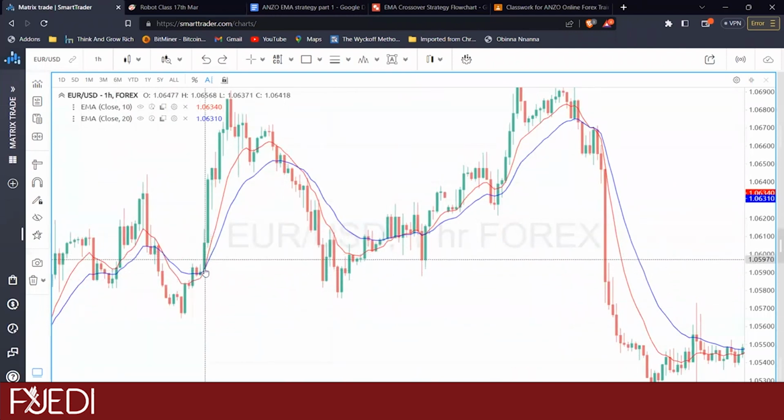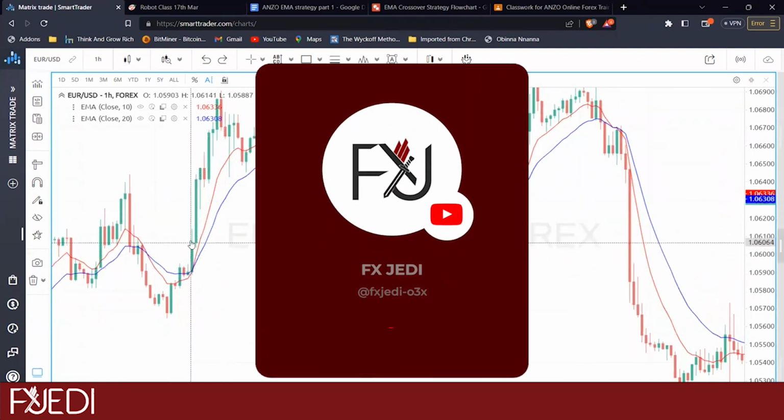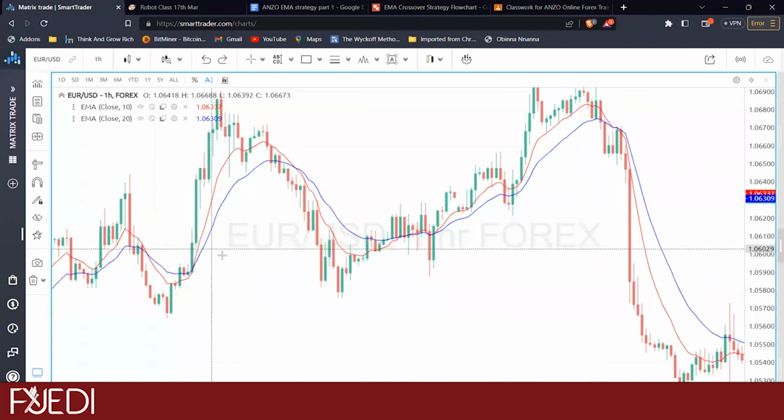That means we're not going to use the moving average alone to decide when we enter. Just because the moving average has crossed over doesn't mean we will look to buy or sell. We want to wait for the crossover to be confirmed by a candle close. So at the close of the candle at which the moving average crossed over, when the red crosses above the blue, we will look to buy.